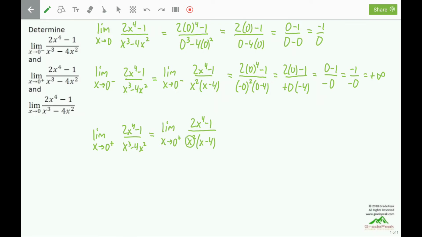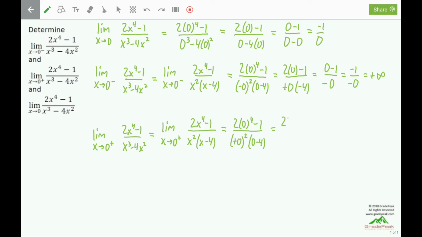Right side of 0 is a positive number, and it will therefore be placed in as a positive, though it limits to 0, so it'll be a positive 0 in for that x. All other x's will have a 0 placed in them. So that'll be 2 times 0 to the fourth minus 1 divided by a positive 0 squared, and then times 0 minus 4.